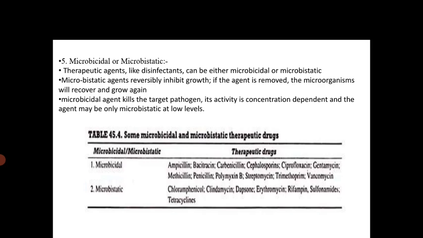Here I have shown you a table which is showing you two steps, microbicidal and microbistatic, and their examples. Please work on this. Read, write it down. Remember the examples.